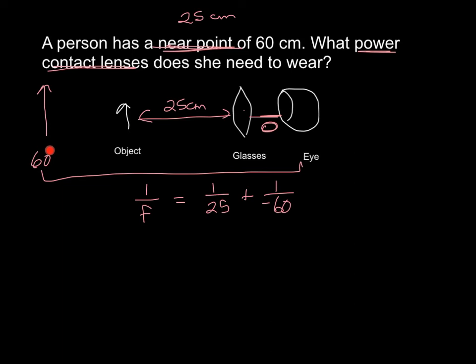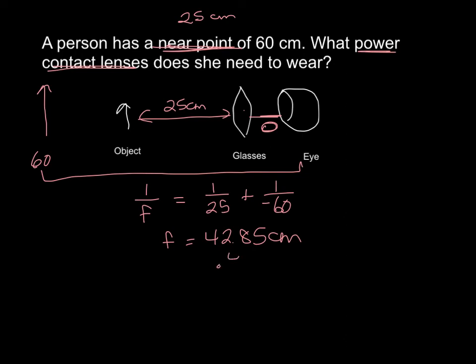Because our image is on the same side as our object, this is a virtual image, plus it's upright. So she sees it normally. So these both have to be in the same orientation. So this is going to be a virtual image, so its image distance is negative. Then when we solve for the focal length, we get 42.85 centimeters, which, in order to find the power, we need in meters.